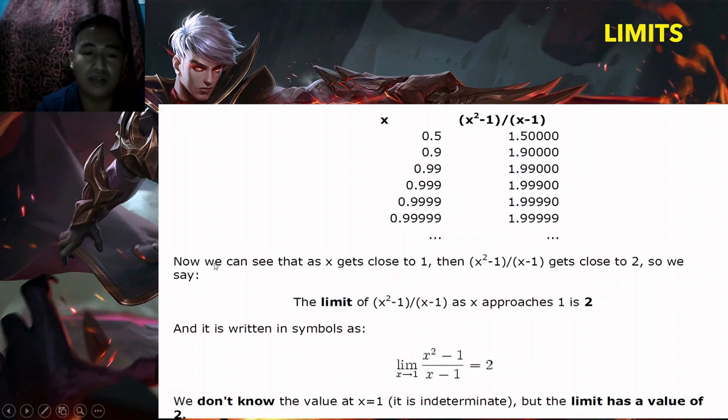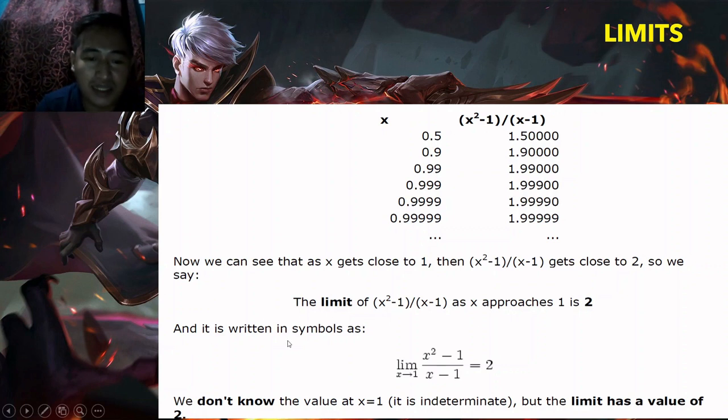So, diba? Now we can see that x gets close to 1. Okay, gets close to 1. So, pwede siya matug 1. Then, x squared minus 1 over x minus 1 gets close to 2. Diba? Pwede siya 2. So, we say that the limit of, so ang limit plus aning x squared minus 1 over x minus 1 as x approaches 1 is 2. Diba? As x approaches 1. Okay, x ma-approach man 1.